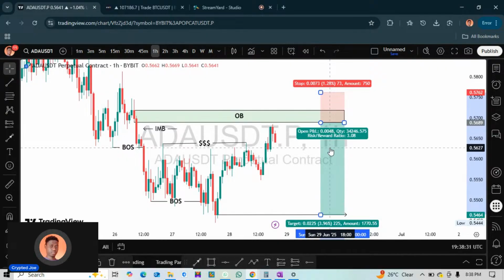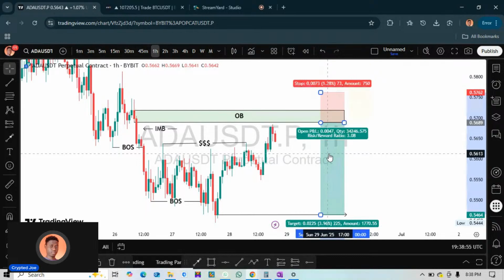Let me calculate it. 0.5 divided by 1.28, then you put your percentage symbol on your calculator. On your phone you just type 0.5, because on this particular trade I want to lose half a dollar, $0.5, on this trade.